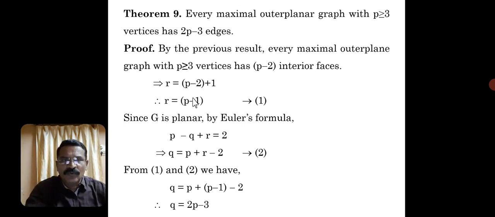Now we are going to prove this result. So how to prove this result? Again, by one of the results which we have proved in the previous class. What we have proved? We have proved every maximal outer plane graph, instead of saying outer planar, I am saying outer plane graph, because it is drawn or embedded on the plane, with p greater than or equal to 3 vertices has how many interior faces?